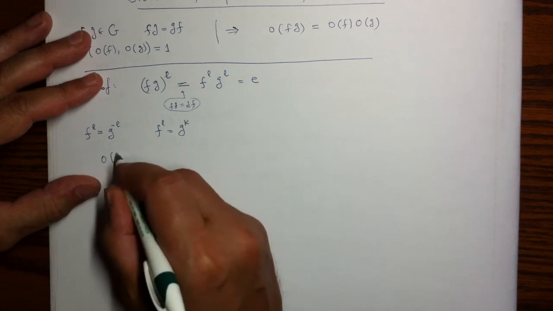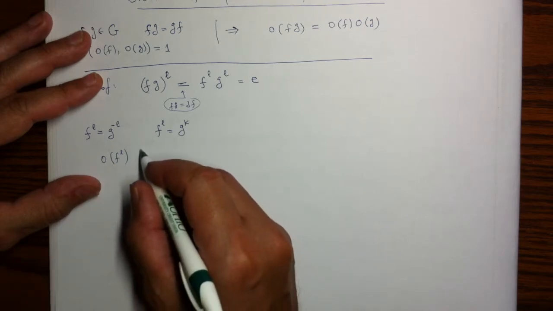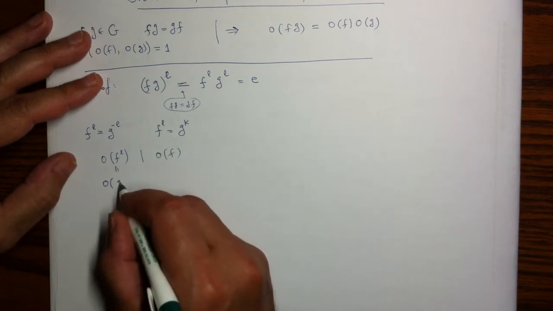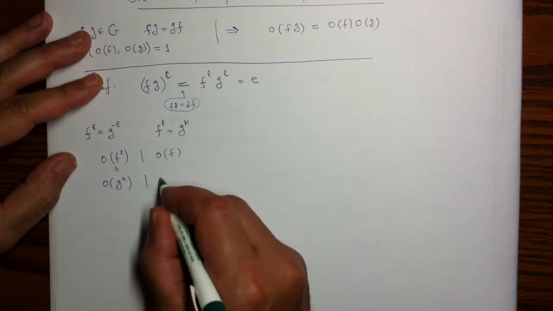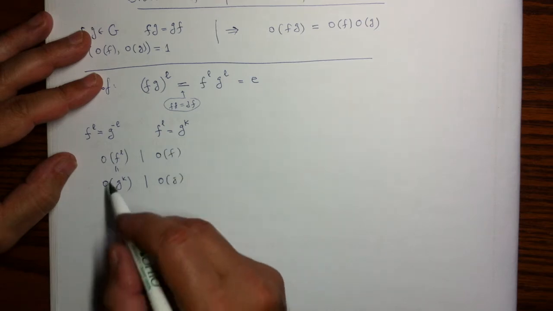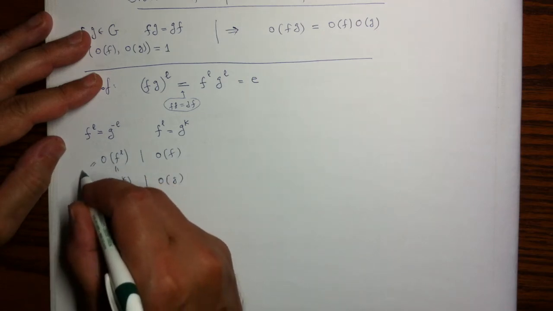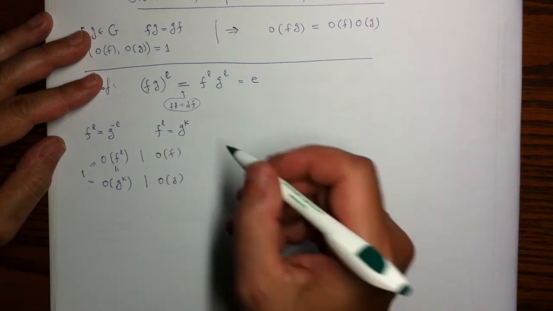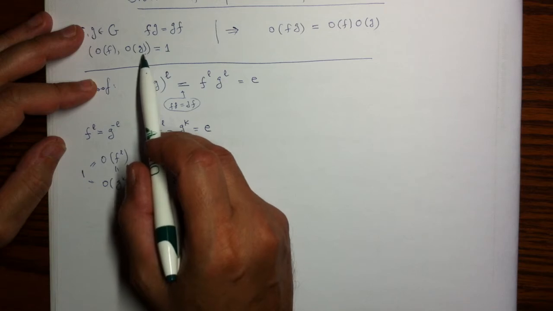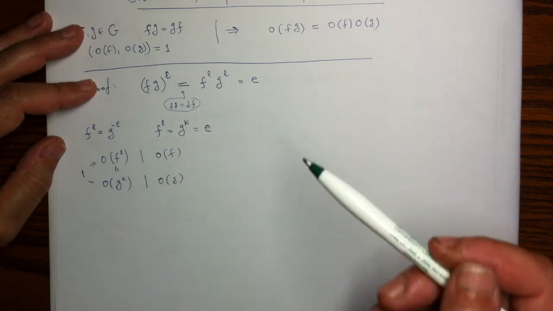Well, the order of the left-hand side is a divisor of the order of f, and it is equal to the order of the right-hand side, and it is a divisor of the order of g. But these are coprime numbers, so these numbers will have to be 1. So that means that they are separately identities. Two elements with coprime orders can have equal powers if and only if these powers are just identity.